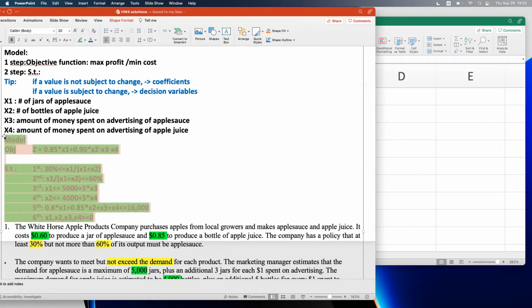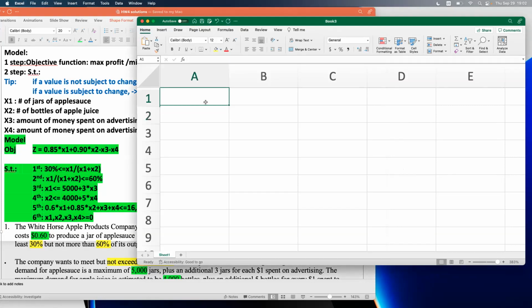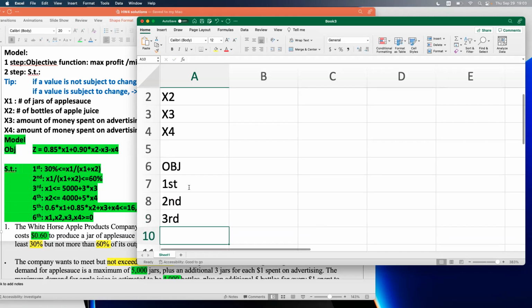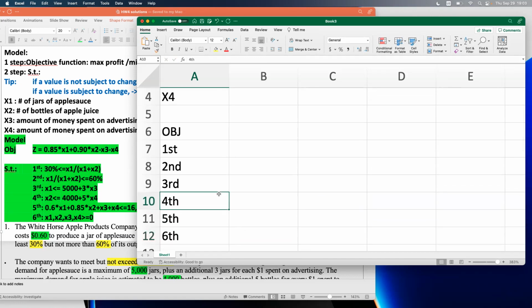So firstly, we want to put the decision variables, and we put the objective function, and we put our first constraint, second constraint, the third, fourth, fifth, and sixth.